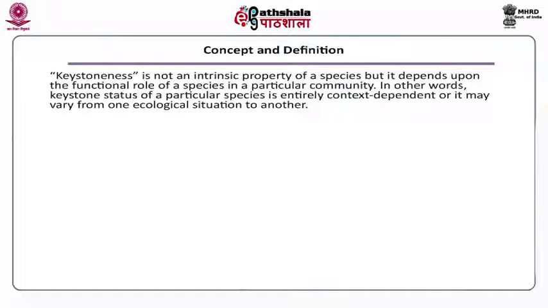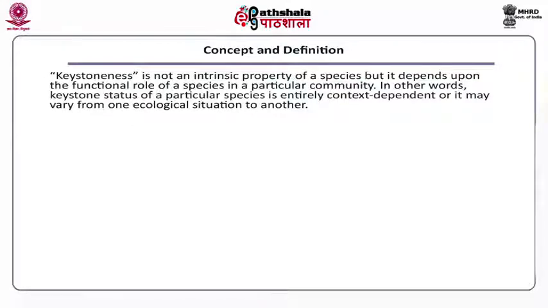Now, what is keystoneness? Keystoneness is not an intrinsic property. So, students, please try to understand, keystoneness is not an intrinsic property of a species, but it depends upon the functional role of a species in a particular community. So, we can say keystoneness is due to the functional role played by a species in a particular community.